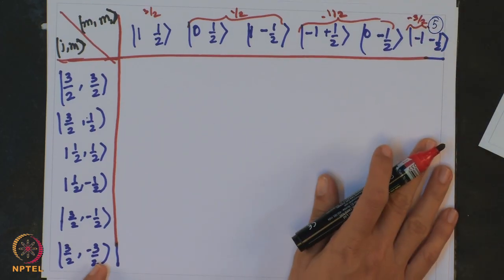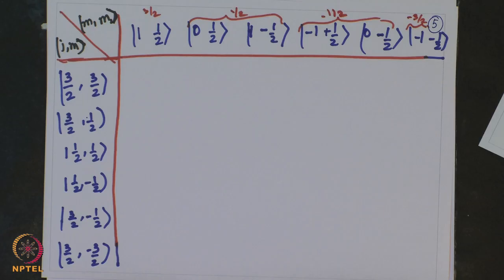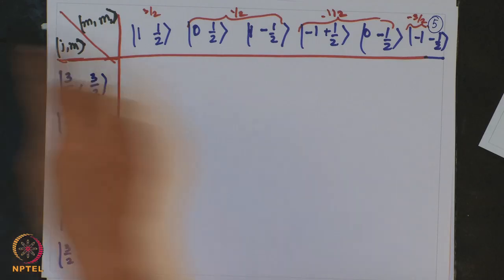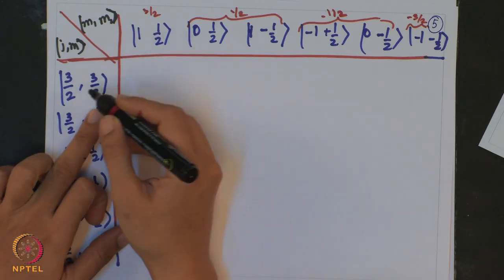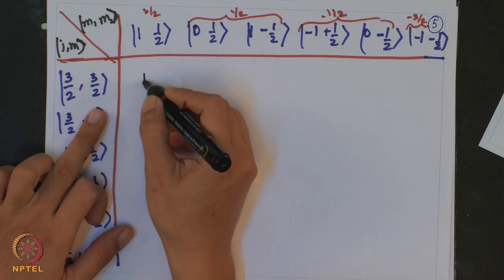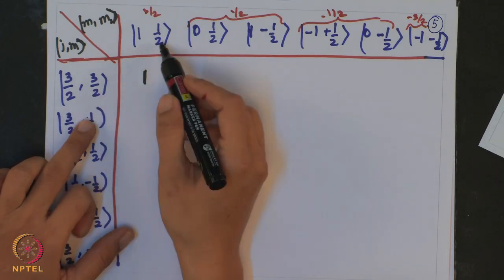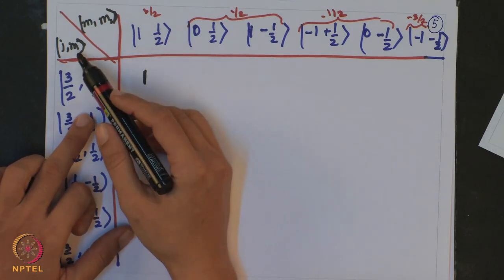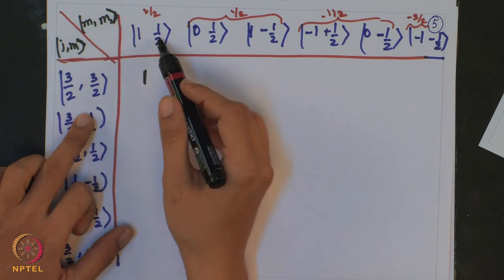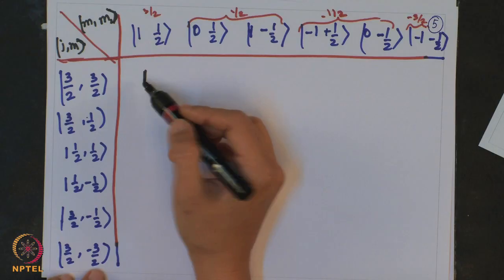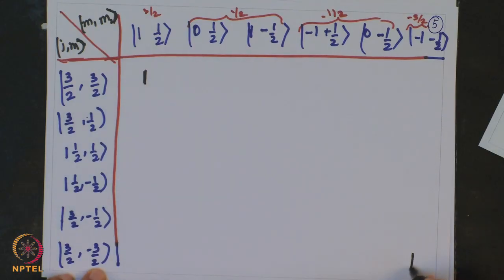Now the next step is the first term. There is only one way, and the answer we know is 1. The CG coefficient of this would be 1, because M is m1 plus m2 and this is the only possible state, and the same holds for the last term, the lowest possible state.